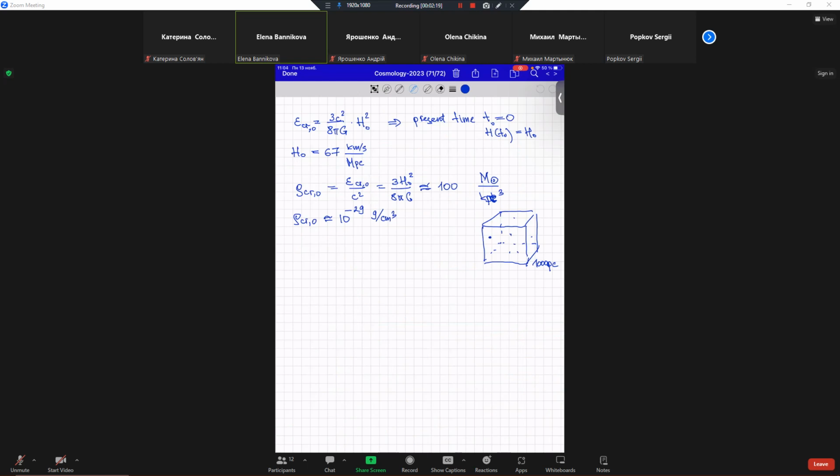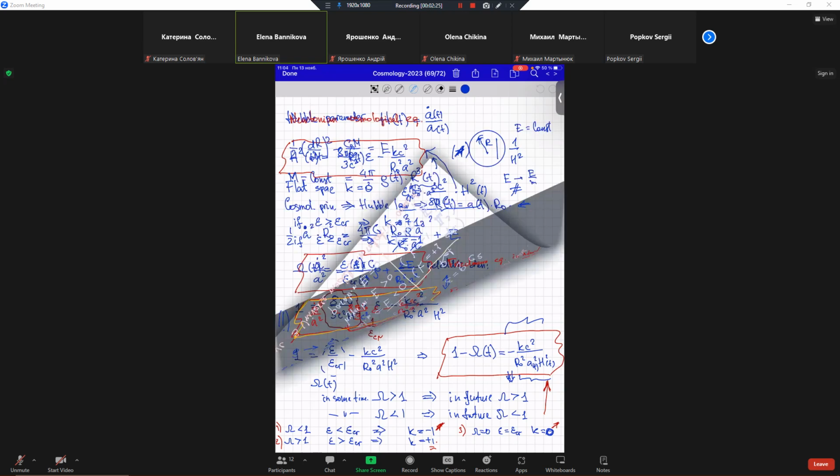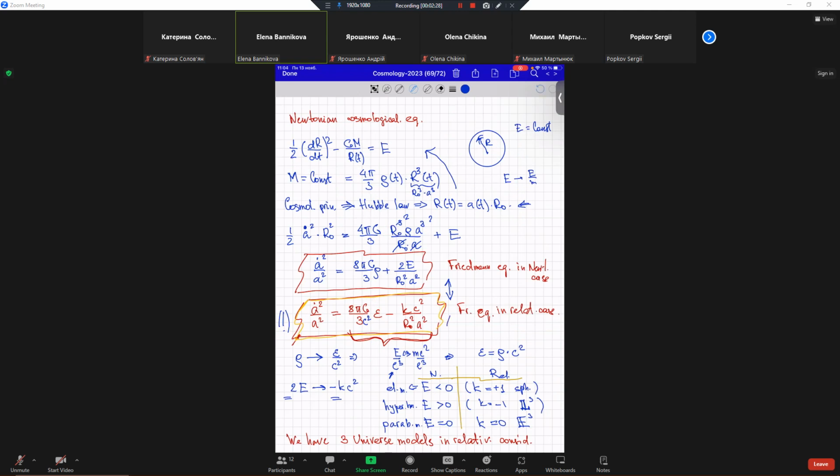We also discovered that if we consider one of the Friedman-Lemaitre equations, this one, and compare it with the Newtonian case, it looks similar, in the sense that instead of the curvature of the space, we need to put the total energy like this.